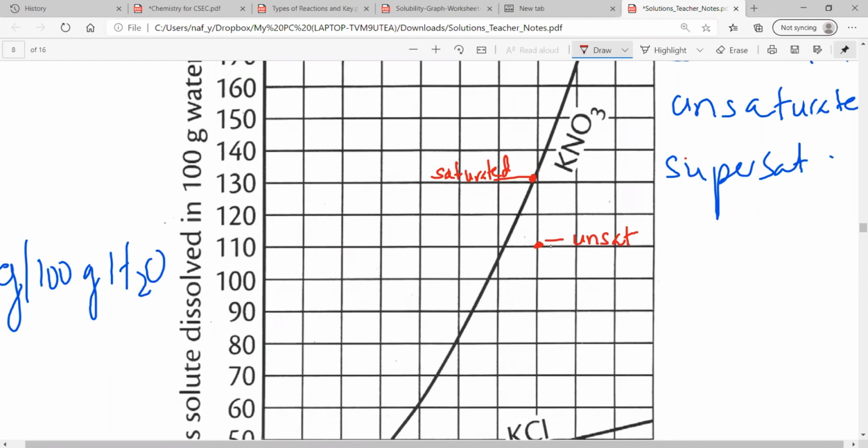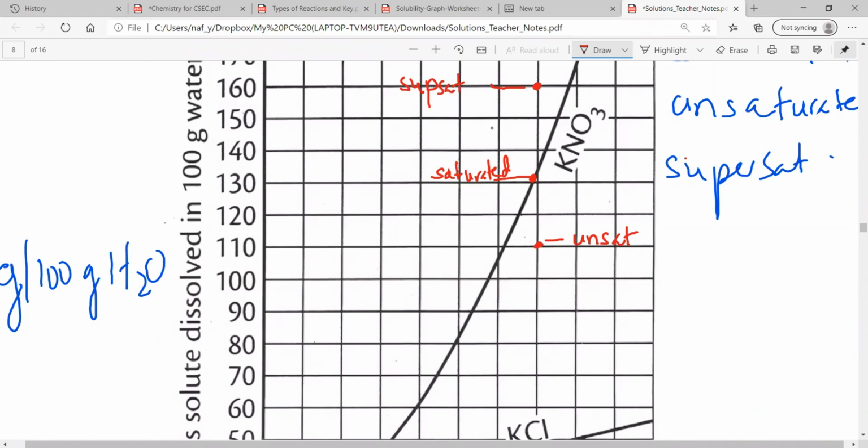But what if I'm given a point and it now falls above the line? So I'm given some points to plot and it is now above the line. I'm still looking at potassium nitrate here. If it falls above the line, then this is known as a supersaturated solution. Getting me?